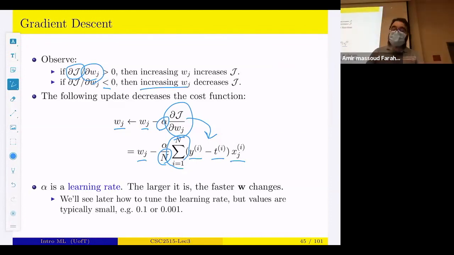This would be the update for weight Wj. One important thing is that alpha here is called the learning rate. If it is larger, the weight changes faster, and if it is small, it changes slowly. I will talk about it a bit later, but this is a hyperparameter of your learning algorithm, and by tuning it, you get desirable behavior.